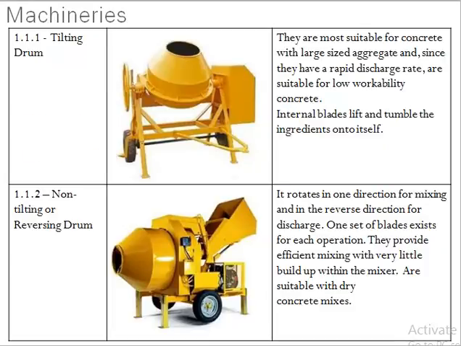In the tilting drum, you can see this drum. It can be tilted along this axis with the use of this lever. And here, this is a non-tilting drum. In this drum, we have to fill the ingredients using this hopper. Whereas in the tilting drum, we can take this to a lower level when it is empty and load the materials.